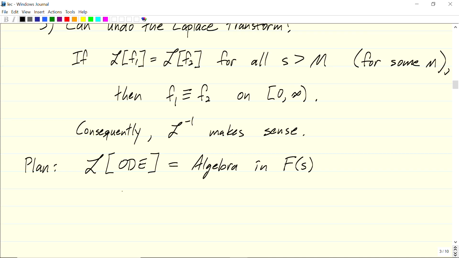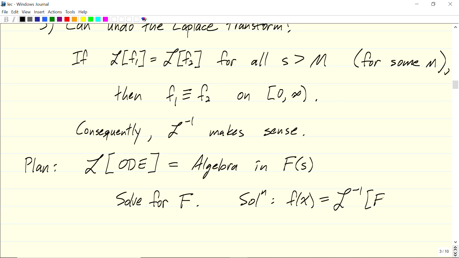So the plan is you take the Laplace transform of the ODE, you get an algebraic equation, you solve for F, and then the solution would be the inverse Laplace transform of F of s. Okay.